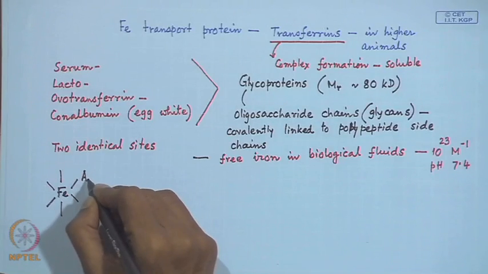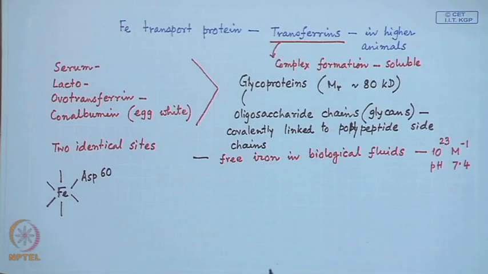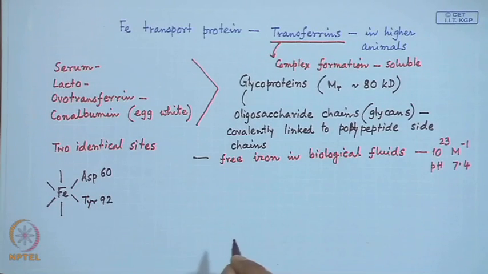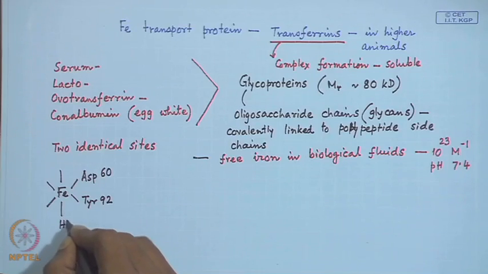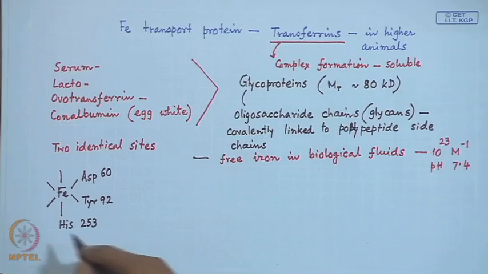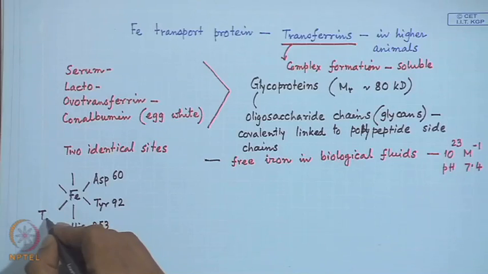So, the iron site is there, then the ligands will be the pendant groups available from the polypeptide chain, which are aspartate 60, where 60 is the sequence number in the polypeptide chain, then tyrosine 92, then histidine 253, then again tyrosine 192.